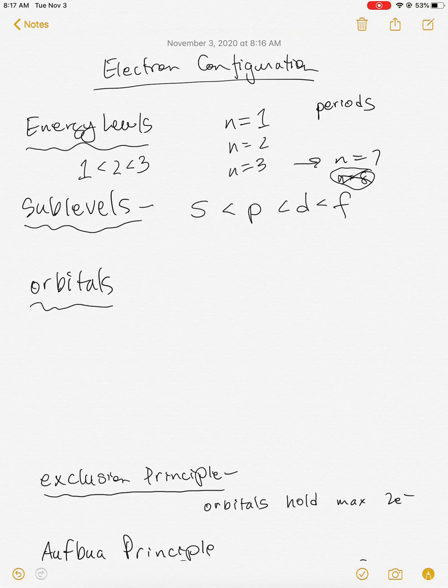You live in a house. Well, electrons live in orbitals. That is the place where they reside. Orbitals can hold a maximum of 2 electrons, and they spin in opposite directions. So when we're doing orbital diagrams, we'll show that spin with an arrow going up and an arrow going down.